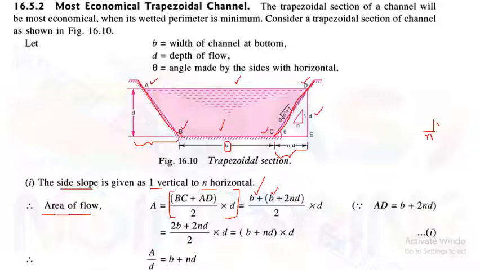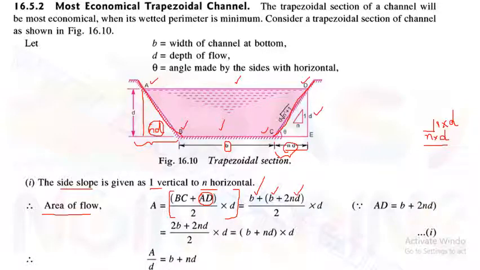The vertical depth is depth D. So if D is the vertical depth, then the horizontal distance will be n into D. This side becomes n into D. There are two sides like that, CE, and here again another side, which is also n into D. So AD is equal to B plus nD plus again nD, that is B plus 2nD.